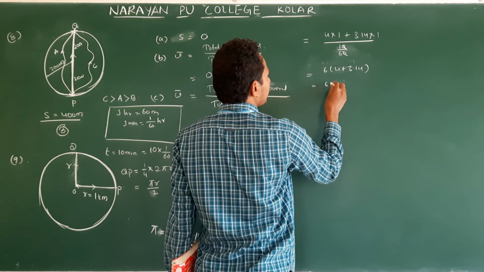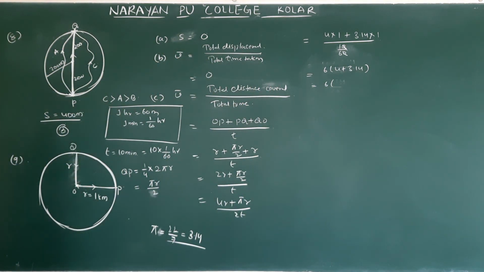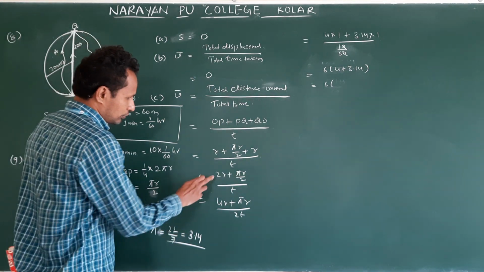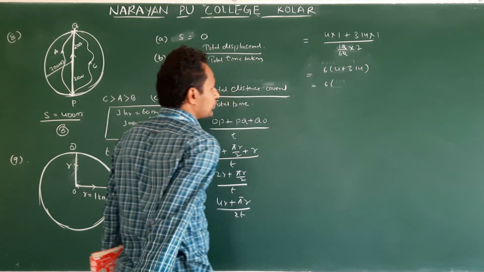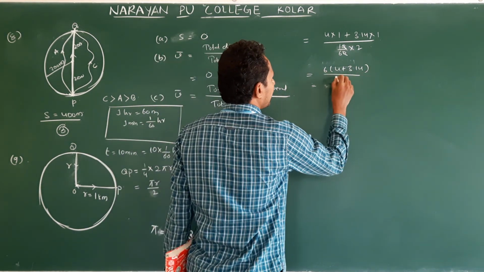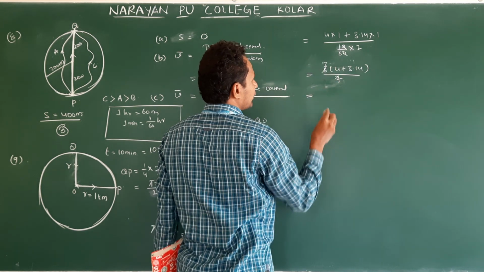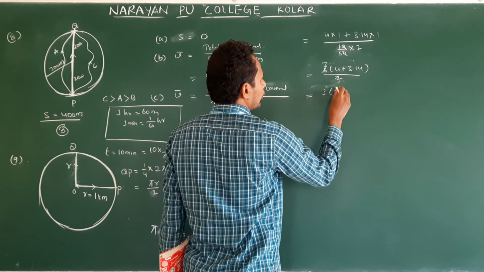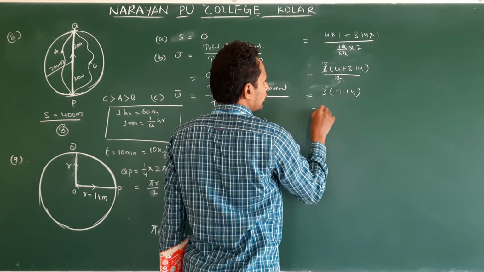Here we have one more 2. So here it is by 2, and this is 2 ones 3. So 3 into 4 plus 3.14, that is 7.14.